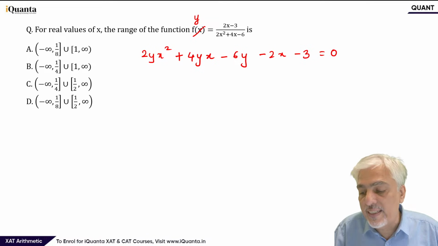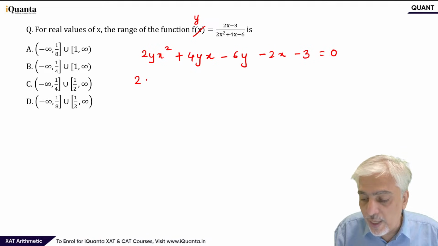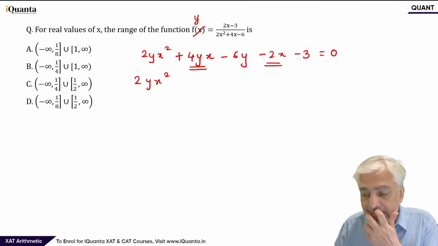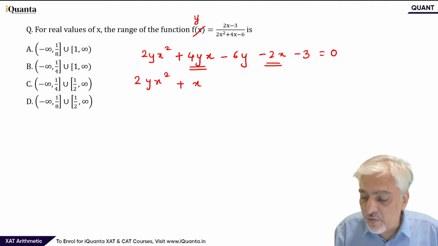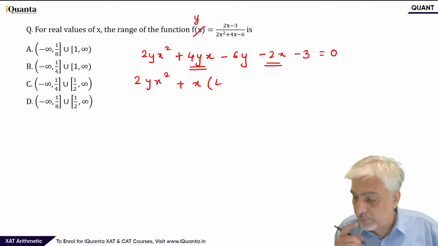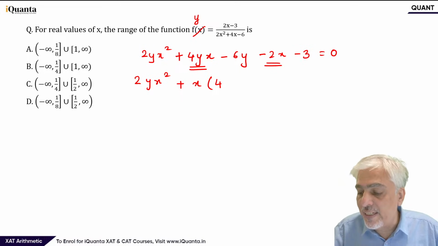Let's make it a proper quadratic. So 2yx square will be my first term. Take these two terms together, take an x common. If I take x common, I'll get 4y minus 2.